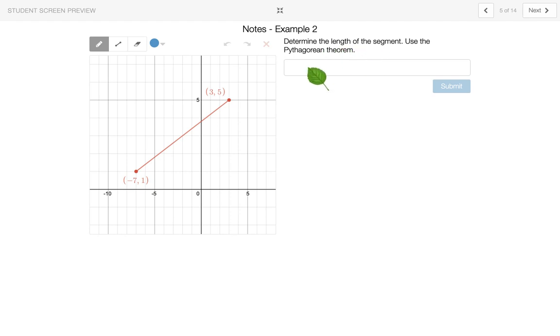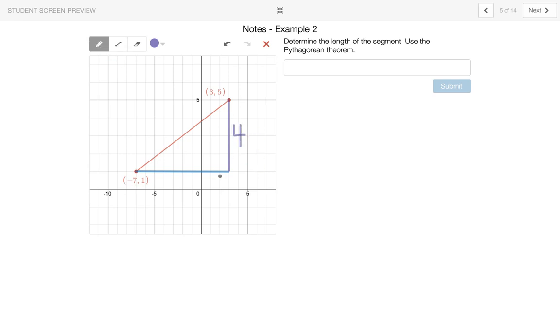So now we want to determine the length of this segment using the Pythagorean theorem. So first I draw a triangle. And then I label the lengths of the horizontal and vertical segments here. So the vertical segment has a length of 4.